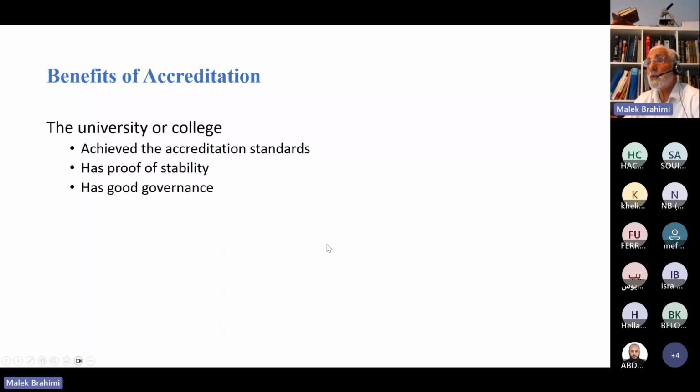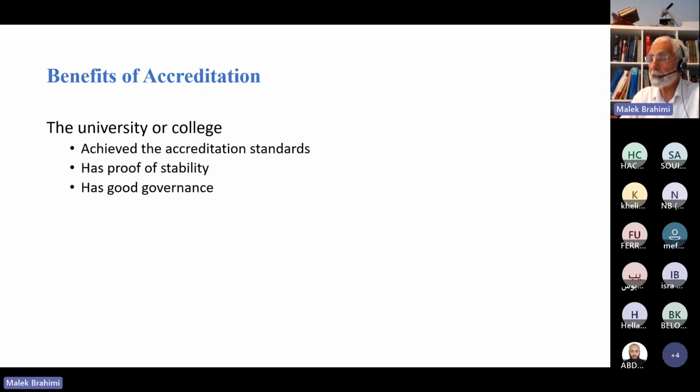Third, good governance, which is really a wide concept. It means accrediting body structure. It means policies and procedures. The accreditation criteria are met. It's peer reviewed, and they also have good decision making, transparency and accountability.